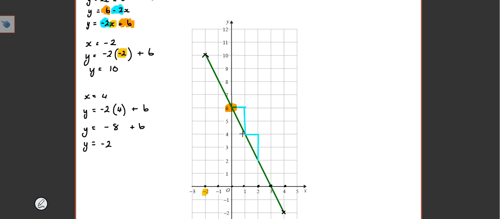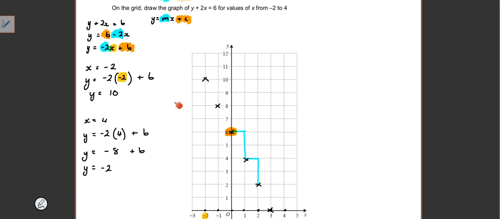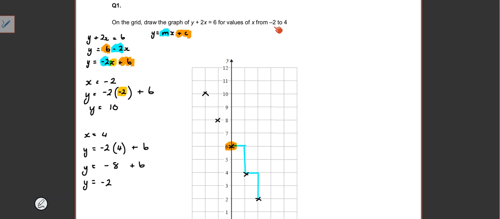Now, just pointing out something, my year 11s have just been doing a past paper for me, and they've had to plot lines. They've had to do straight lines, but quadratics as well, plotting points. And what some of them did was this. They just plotted the points and left it like that. The reason they did that is because it said minus 2 to 4.